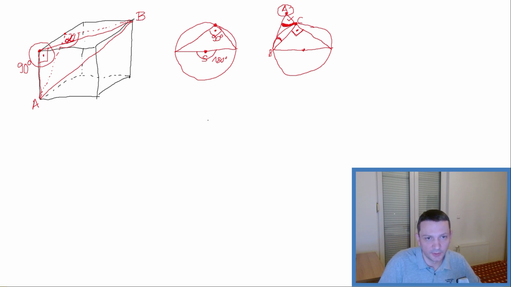So we will take a circle where this AB is actually a double radius. So here AB, and this is the center of the circle S. So this is actually a diagonal of the cube.